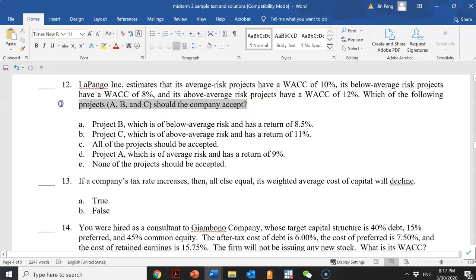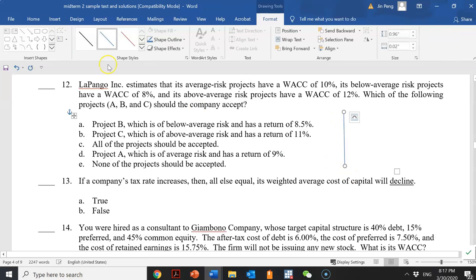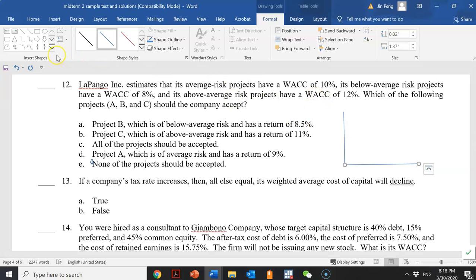Okay, so again, remember, this is actually testing our knowledge on the risk-adjusted WACC line. If we're looking at different projects and they have different project returns, we need to compare the return of the project to the WACC of the firm at the same risk level.